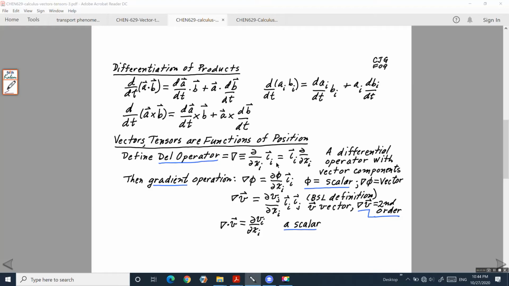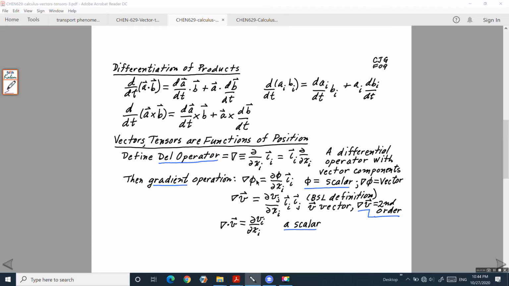So as we defined before, the del operator can be defined in here. The i in here is repeated. For the rectangular coordinate, you can repeat the i and you can write your del operator. Then the gradient operation, if I operate this del on any scalar, we can just get that one.